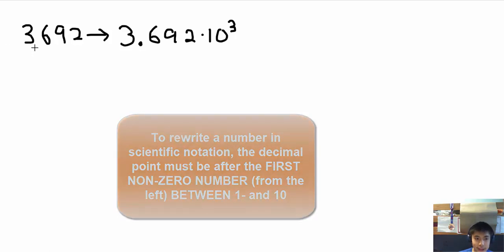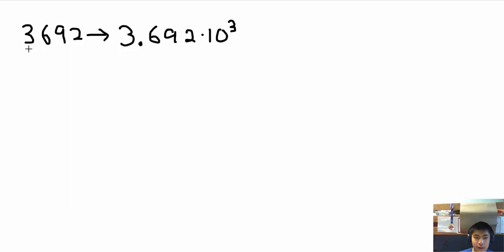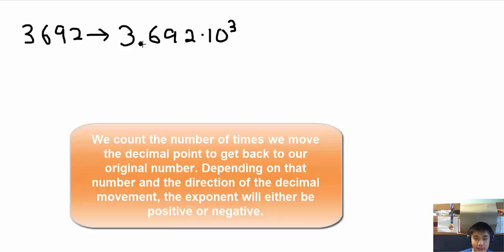So in 3,692, 3 is the number closest to the left, so we place the decimal point right after the 3, and we count how many times we have to move the decimal point so that it changes back to our original number. So 1, 2, 3. Decimal point goes right here afterwards. Therefore, the power of 10 should be 3, since we're moving the decimal 3 times, multiplying by 3 tens.